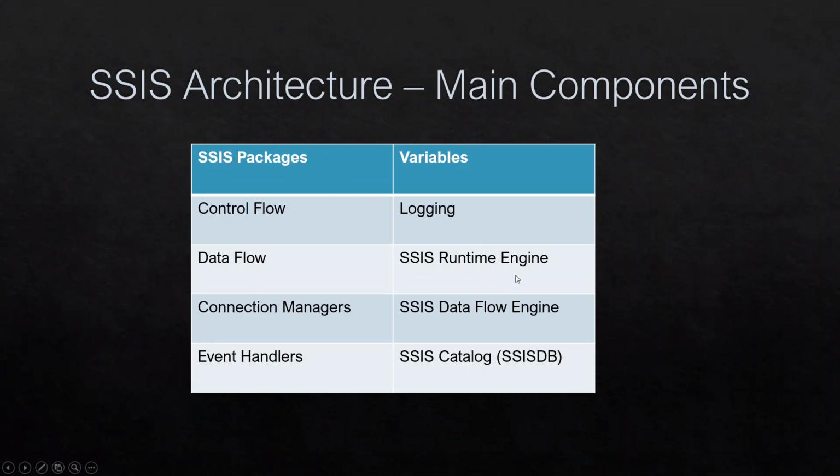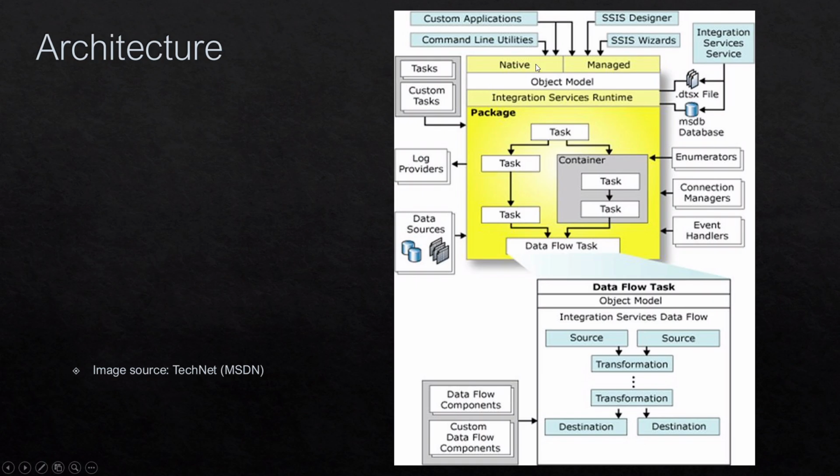The runtime engine controls the control flow, and the data flow engine supports the data flow task. That is a more powerful engine, as most of the main transactions happen inside the data flow.